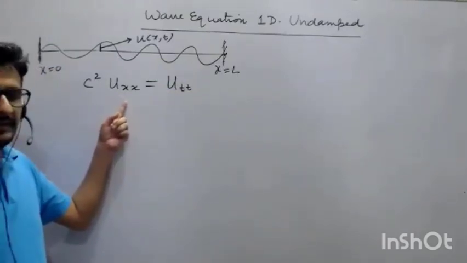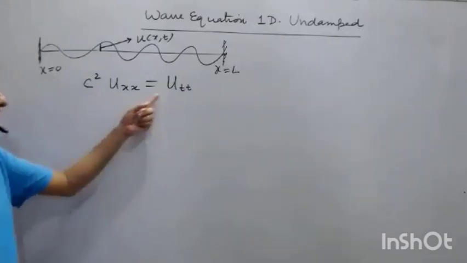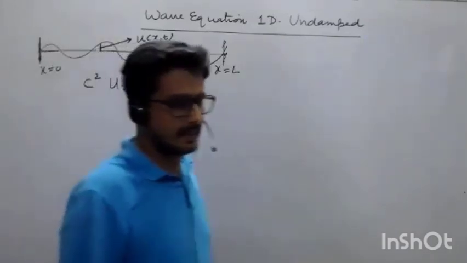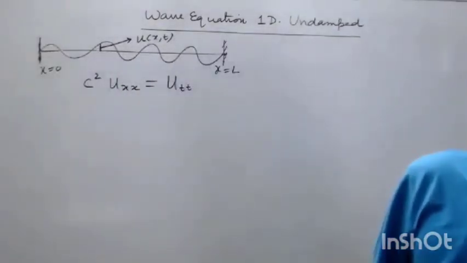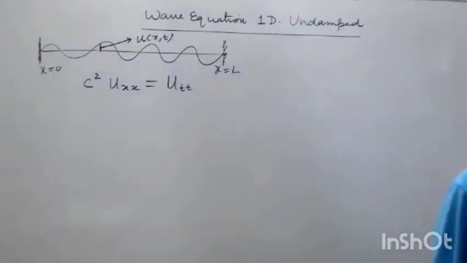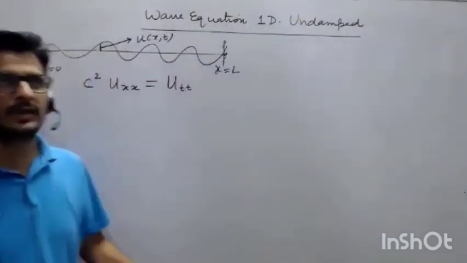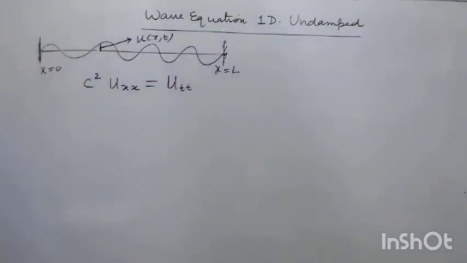This double x means double derivative, and this double t also means double derivative. Okay, correct? So we have to solve this equation by using the technique which we have already known.